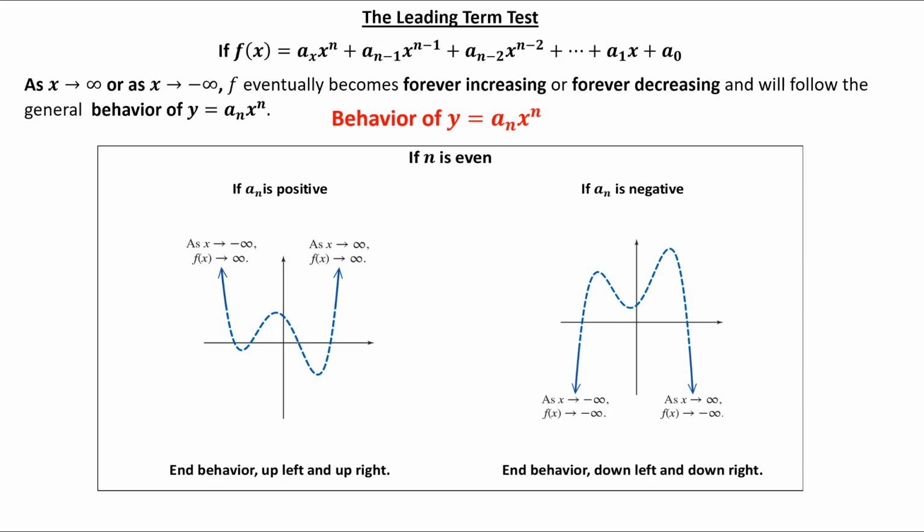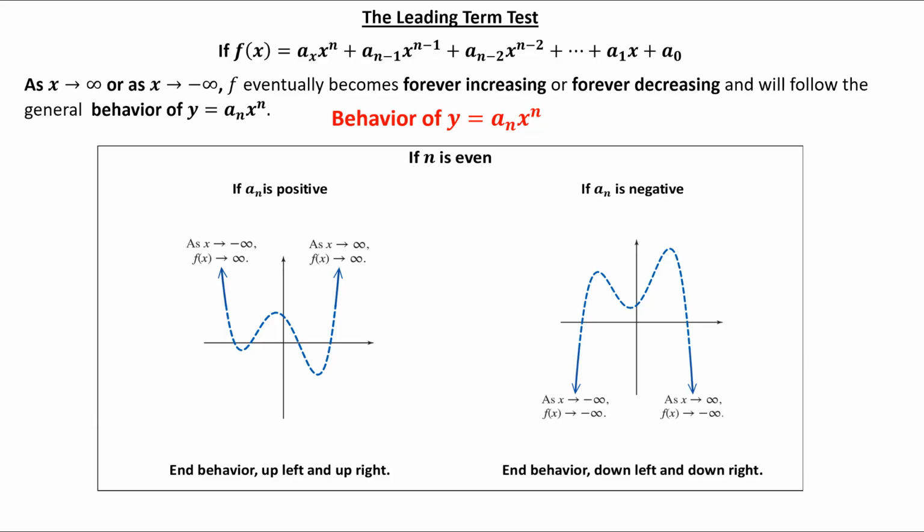It's going to shoot up. As x goes to negative infinity, you're still going to get positive values because a negative number raised to an even power is positive, and you multiply by that positive coefficient, and it's still positive. So even power, leading coefficient positive, that means that the graph shoots up on both sides.